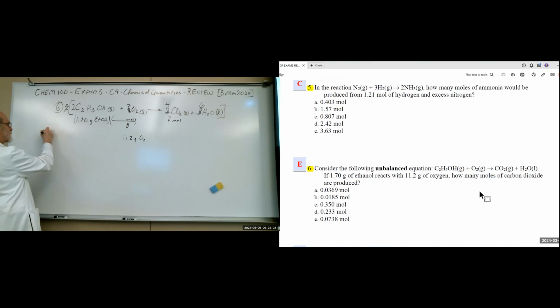We have 2 carbons, right? That's grams per mole. And we have 6 hydrogens. Okay. And we have 1 oxygen. So that'll give us the molar mass of ethanol.